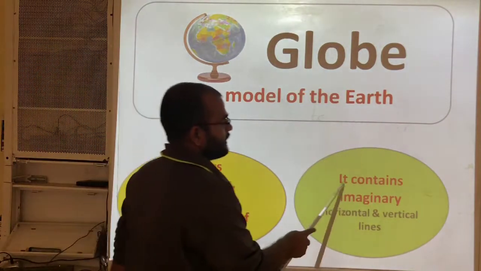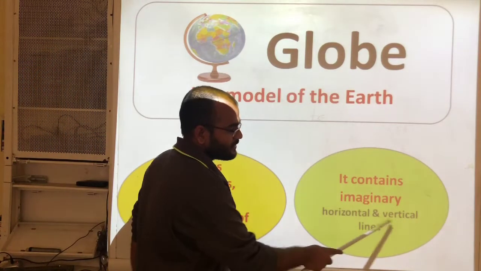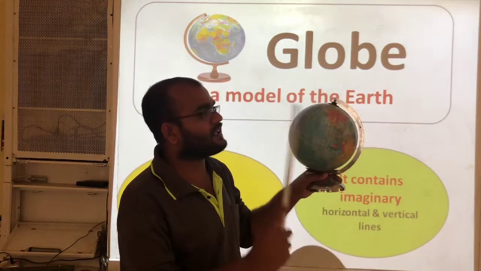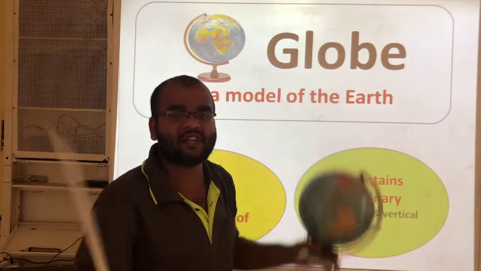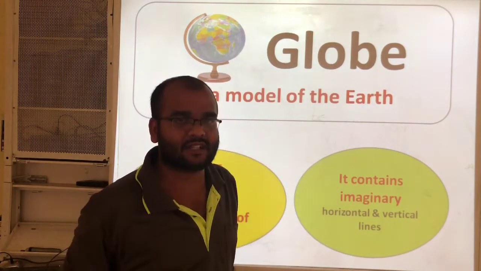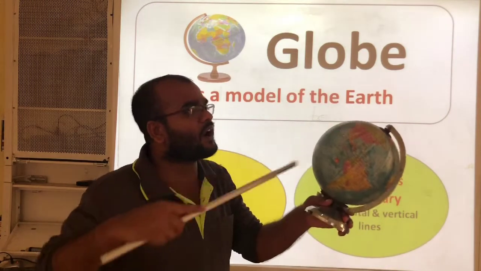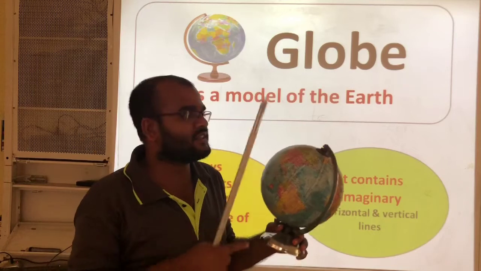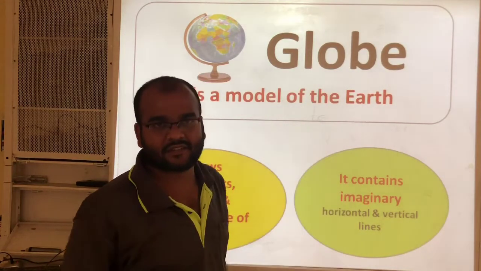So see here, it contains imaginary horizontal and vertical lines. These horizontal and vertical lines are imaginary. Actually, these lines are not present on the earth. We have just drawn them on this globe by imagination. That's why these lines are imaginary lines.